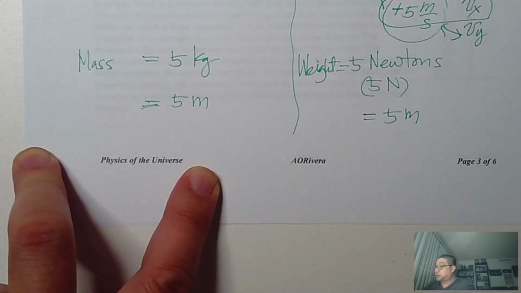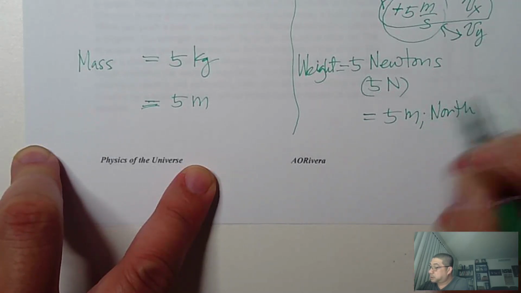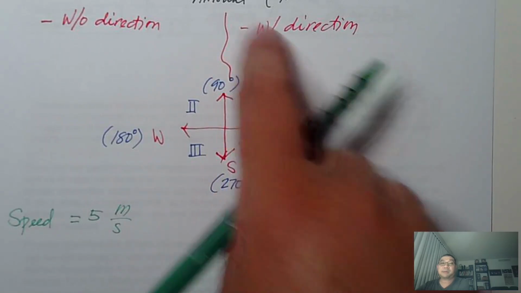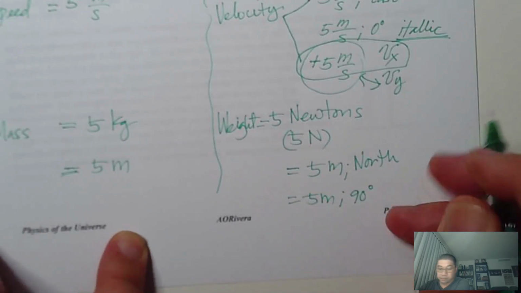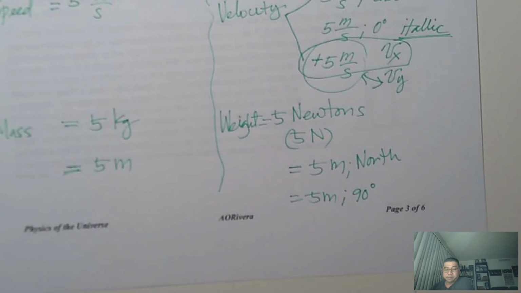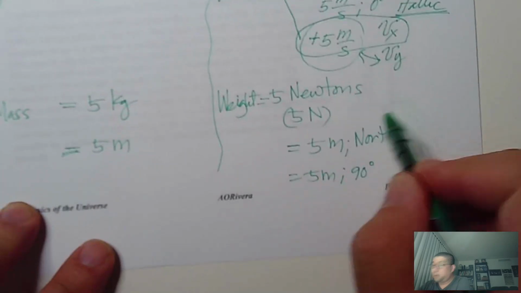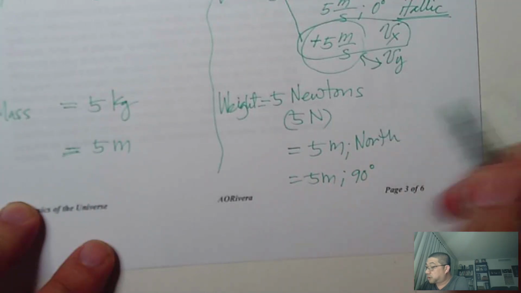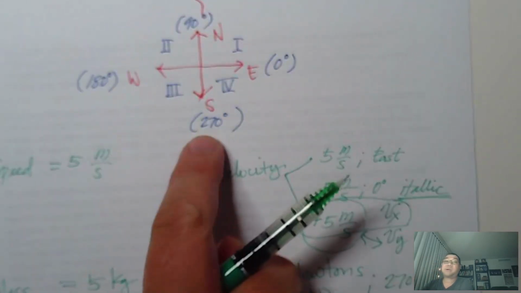Let's say going north, 5 meters north. The angle right here, 5 meters north is 90 degrees. So the direction of weight is always, let's say 5 newtons downward, or 5 newtons at 270 degrees, because it's right here.